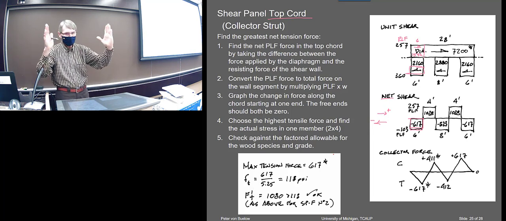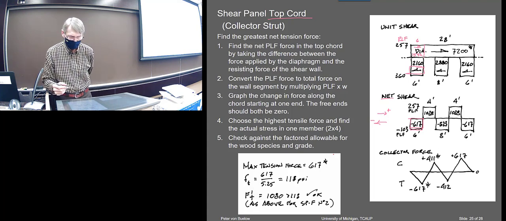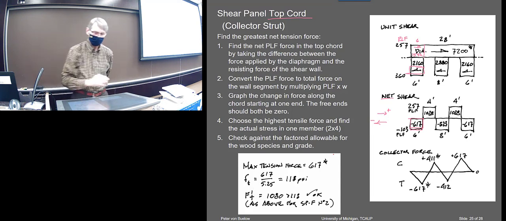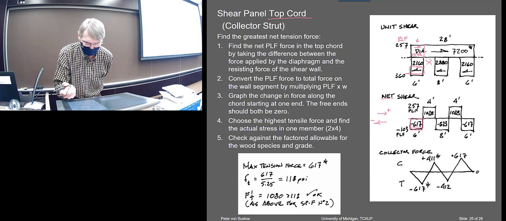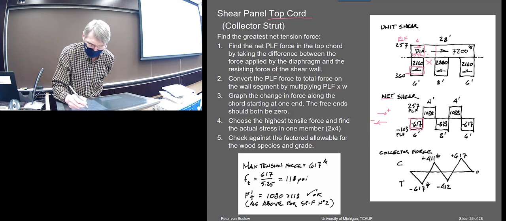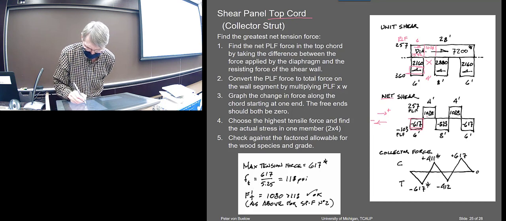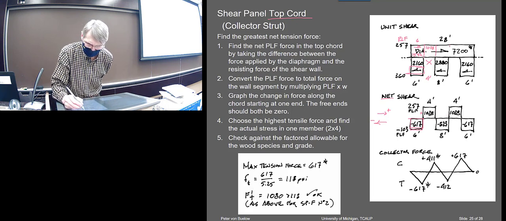So over that length, it's got 617 pounds in that direction. Okay, then over here, there's nothing. So this one times, I think this was 4 feet, is apparently 1028. Okay, so there's the 1028 up there. Then on here, I add them again.